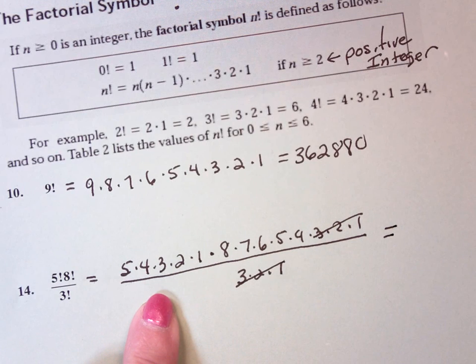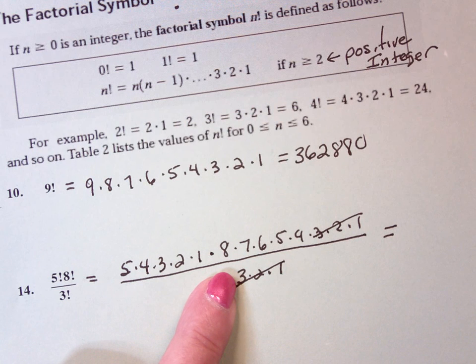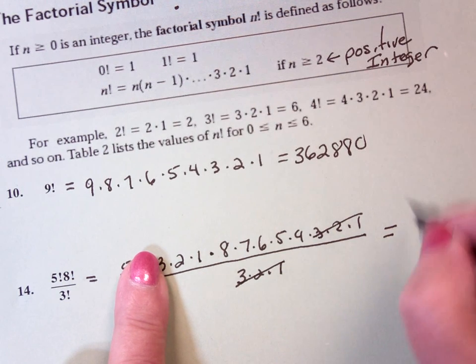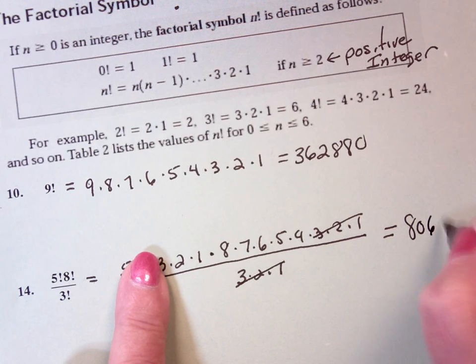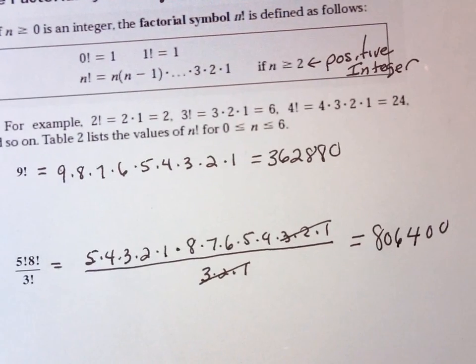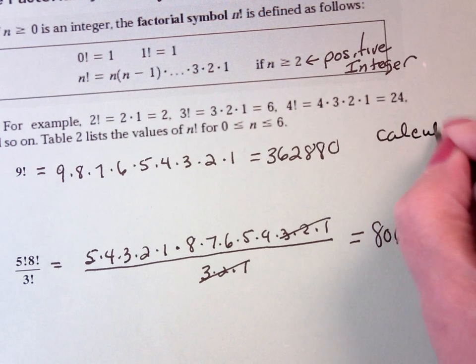And so this is going to come out to be 5 times 4 times 3 times 2 times 1 times 8 times 7 times 6 times 5 times 4, and it becomes 806,400.